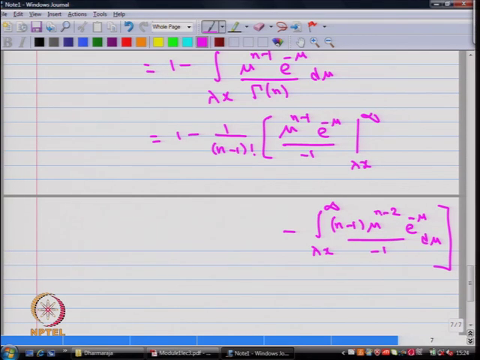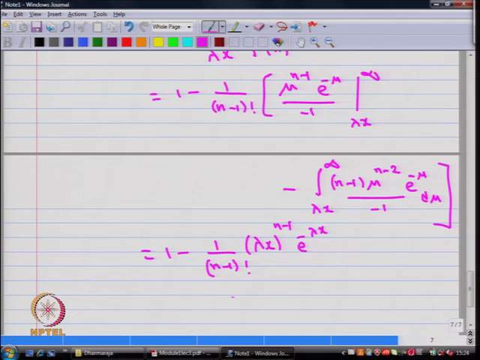Now, you can integrate the second term again by integration by parts, and when you substitute the limits, mu is infinity as well as mu is equal to lambda x, and subsequently if you do the integration by parts, you will get 1 minus n minus 1 factorial lambda x power n minus 1 e power minus lambda x, then the next term will be minus lambda x power n minus 2 e power minus lambda x by n minus 2 factorial.